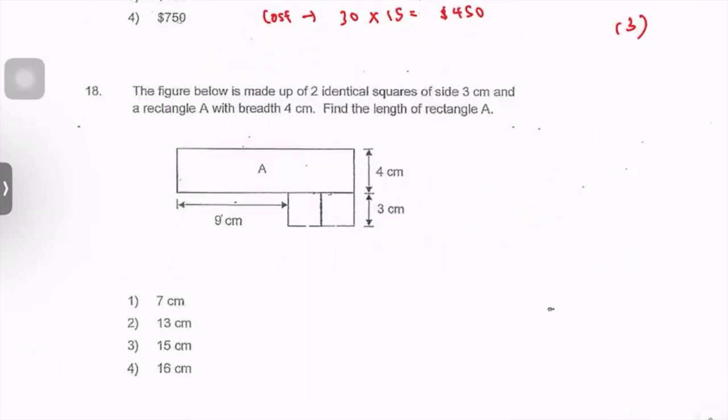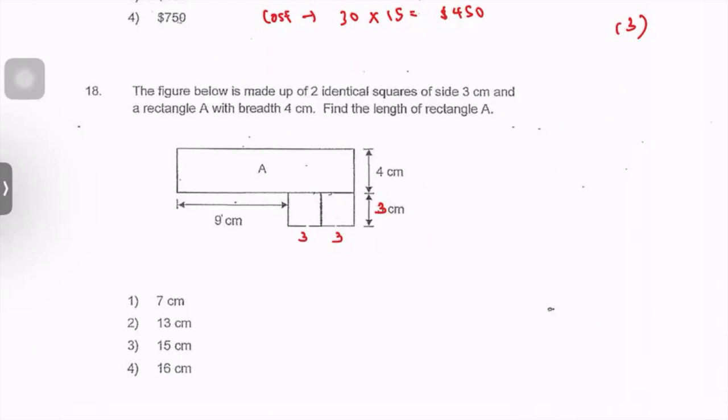The figure below is made out of 2 identical squares. What's so special about square is that all sides are the same. And a rectangle A with breadth 4 cm. Find the length of rectangle A. Okay, so like what we said just now, square means all sides are the same. So if here is 3, here will also be 3, 3, and so on.